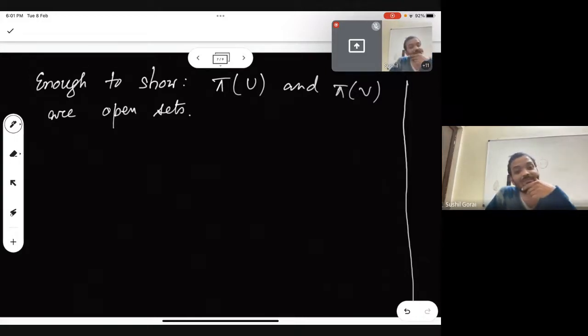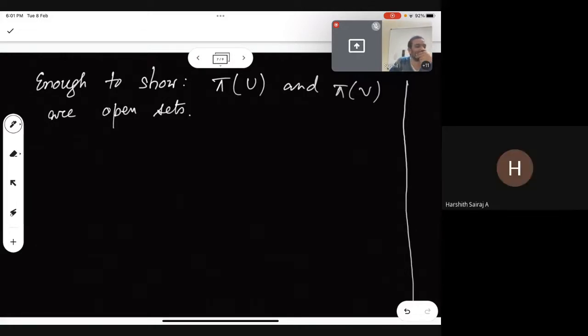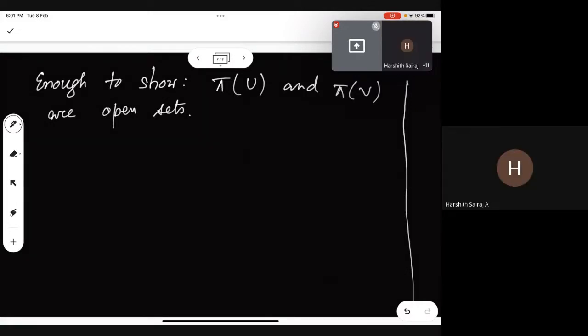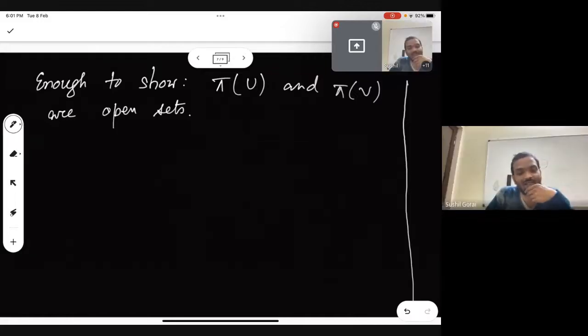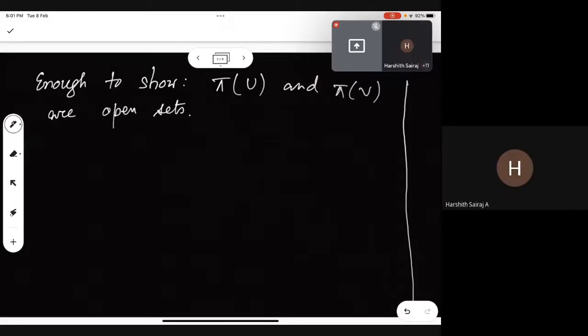Now are these open sets? Any idea? Why? Sir, when we take pi U, this will be open if pi inverse of pi U is open. And we can see that pi inverse of pi U is U itself.